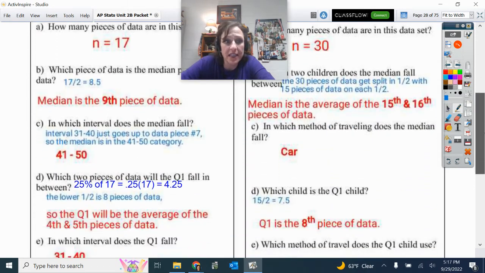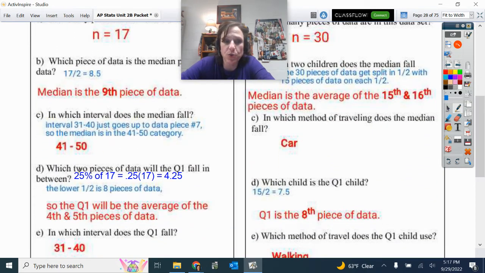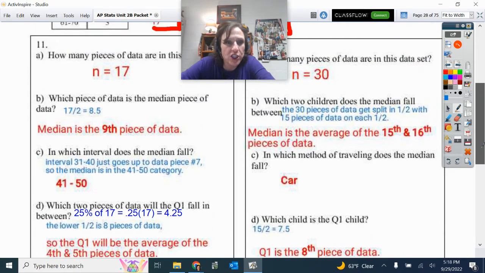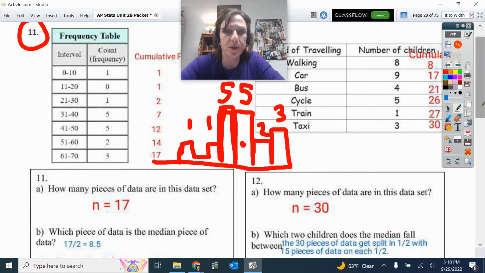And so then let's do that 25th percentile. 25% of 17 is data piece 4.25. So where does that put us? Well, 1, 2, 3, 4, 5, there is where that 25th percentile is. So I can see that it's got to be in this bar right here from 31 to 40.